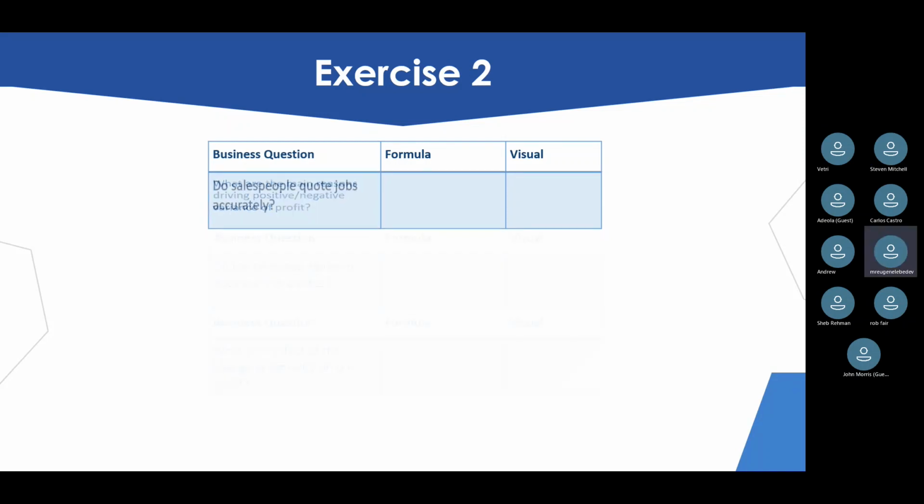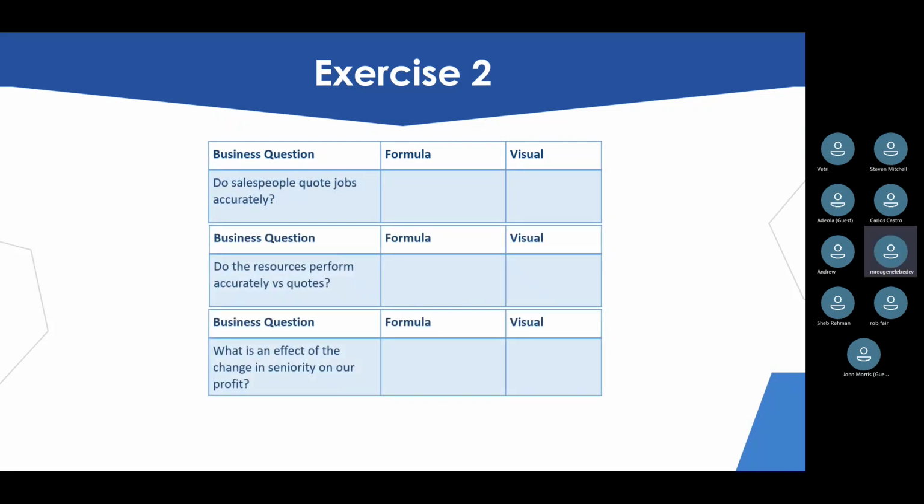The first question is, do salespeople quote for jobs accurately? We want to understand who we can hold accountable for a difference in profit, because essentially that's what makes the dashboard actionable.